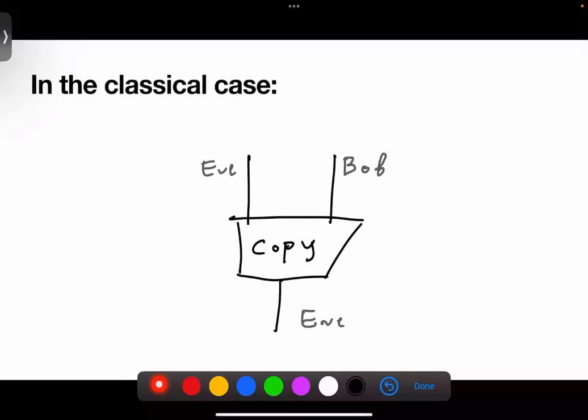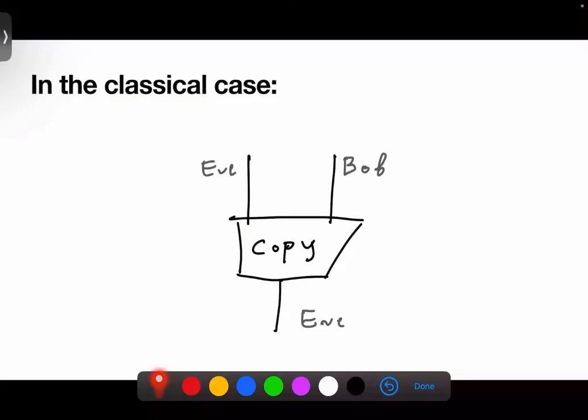But you can't actually do this in quantum computing. You cannot just arbitrarily copy everything. Sometimes it's quite annoying, but sometimes this is very helpful, for example, here. So let's try to prove using these spiders, or more like boxes, that this is impossible.